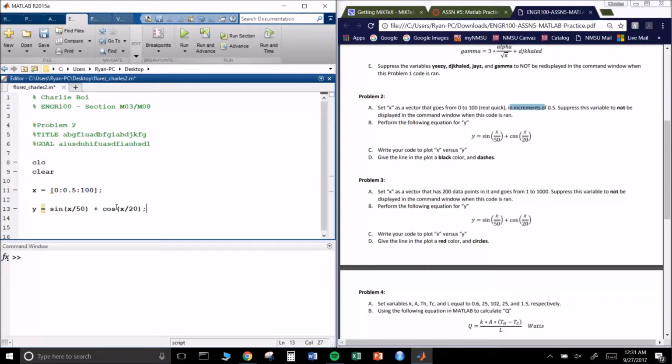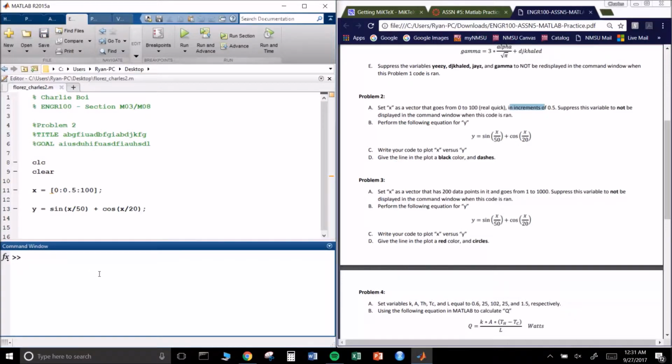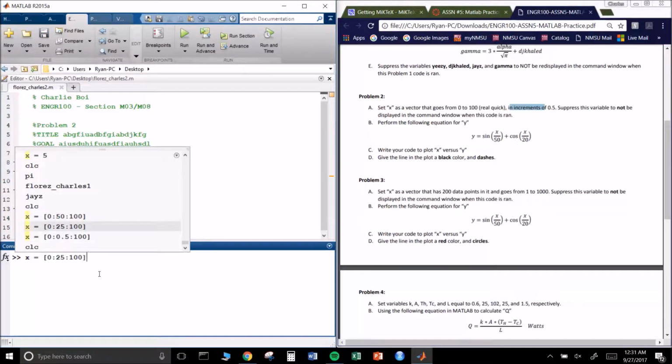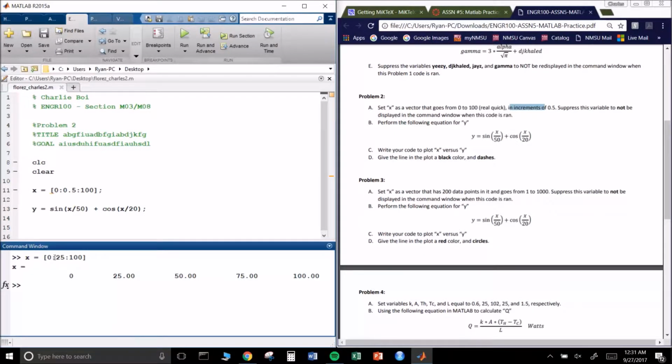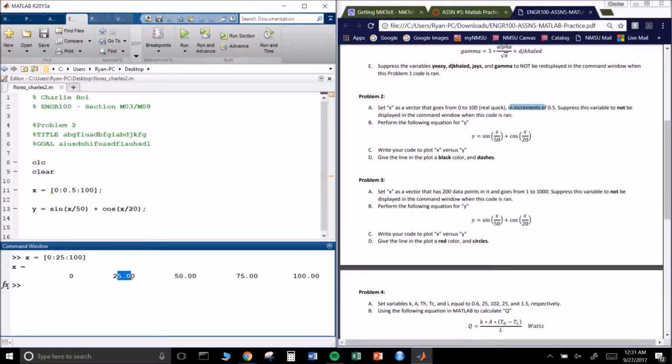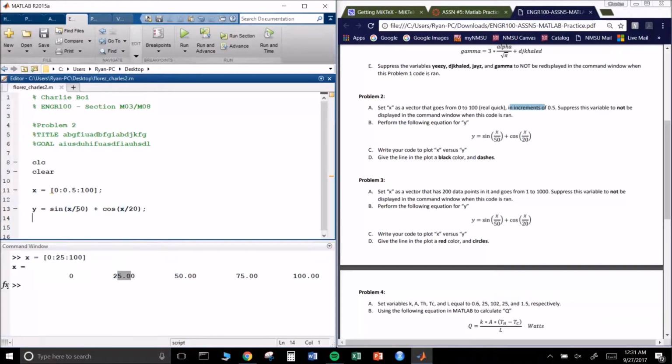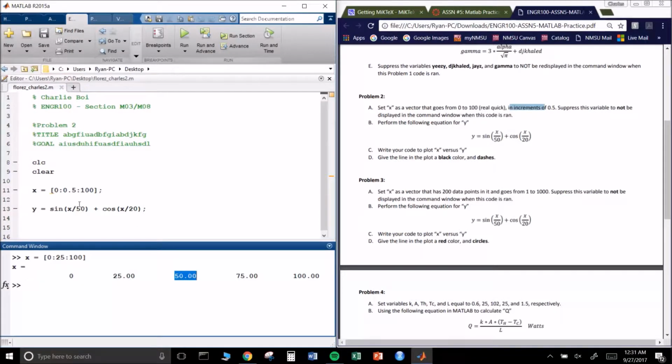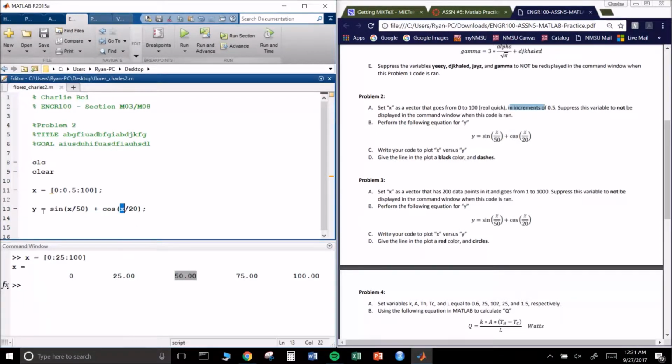So I'm going to suppress it, and for every x value that I have, this function is going to be performed. So 0 is going to be put into here and here. 25 is going to be put into here and here for the second value of y. 50 will be put into here and here for the third value of y.